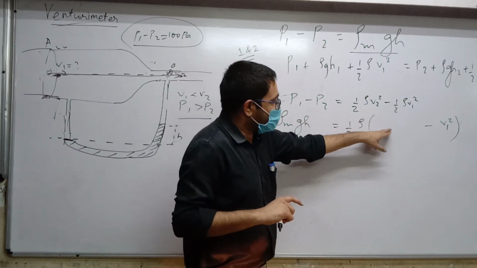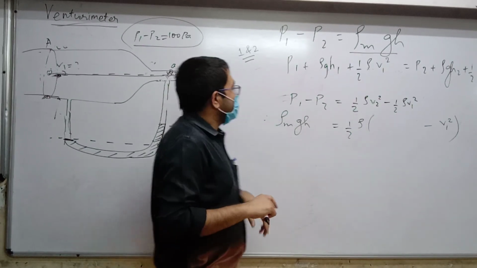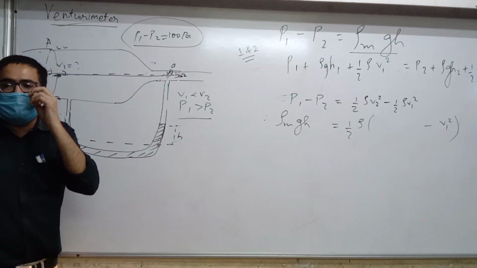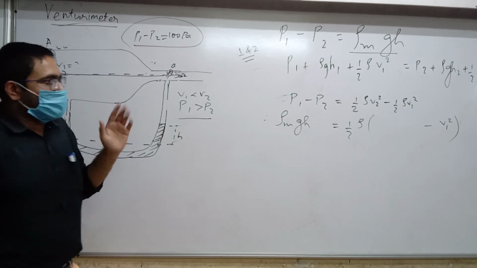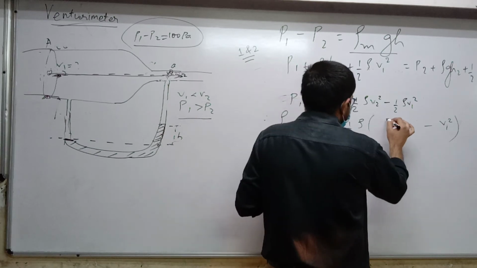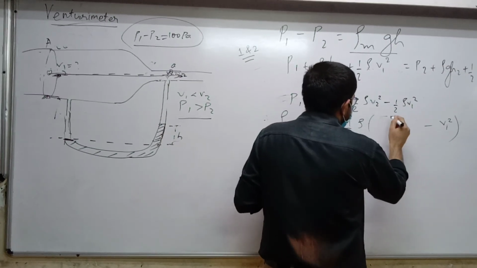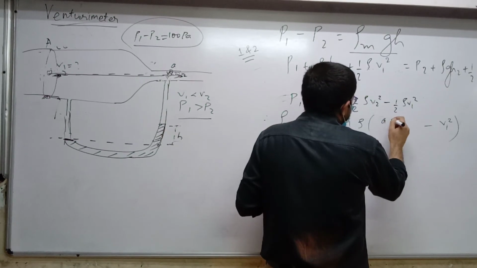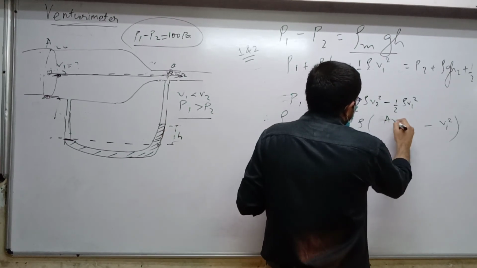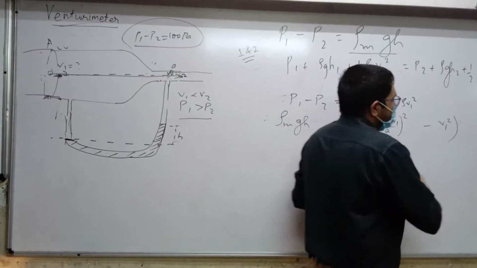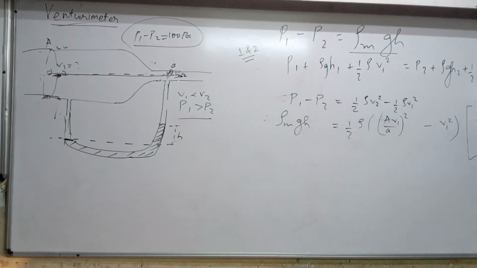Difference clear? That's one. The second thing, again, we want to find V1, we don't want to find V2. So I want to substitute value of V2 in form of V1. Can you think of a relation between V1 and V2? A1 V1 equal to... okay. Here is the reason.